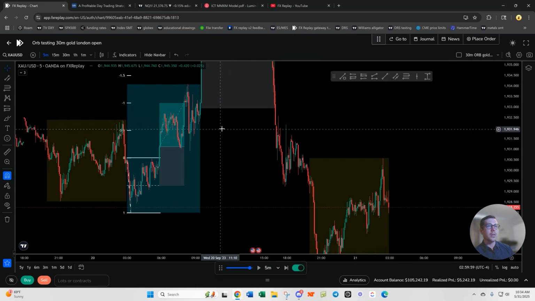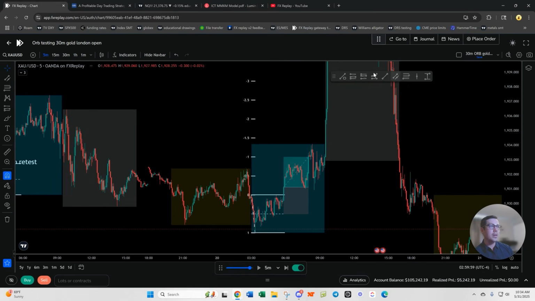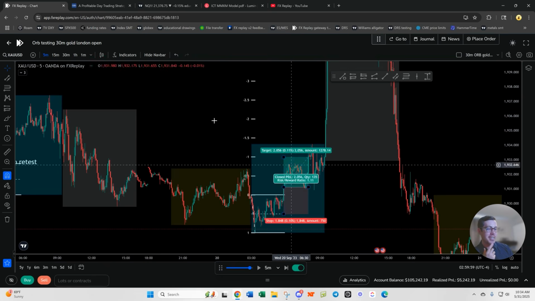So this one eventually took off pretty far. So why is this a potential trade that could have gone quite a bit higher? Another test for you guys: what can you see in the chart here that is a reason why this potentially went basically parabolic?